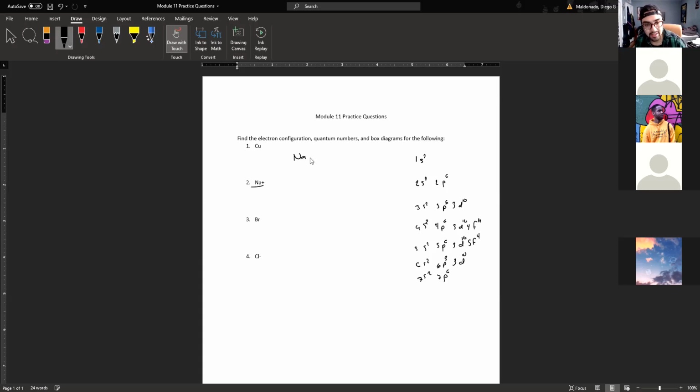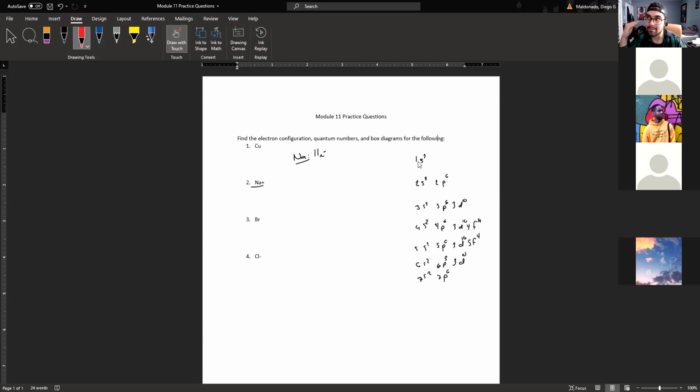How many electrons does ground state sodium have in total? 11. So the way you use this little table you just drew up, and honestly, it's not my best table, but hopefully you guys understand.